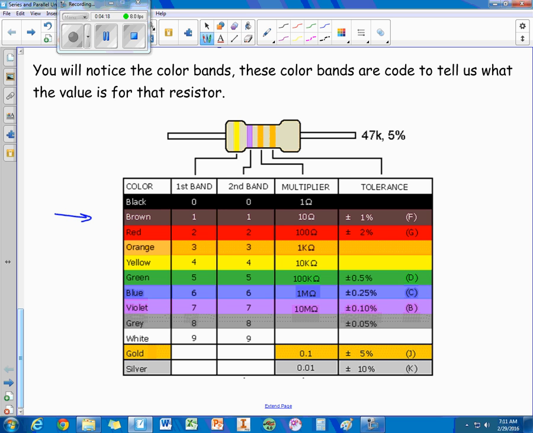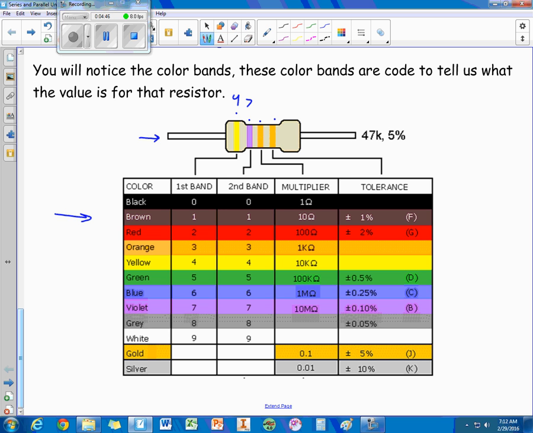Looking at the example provided here, we see that we have a yellow, violet, orange, and then gold. Yellow means 4, violet means 7. Now the 3rd band is a multiplier, and we see that its color is orange.